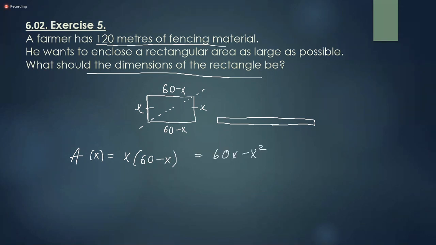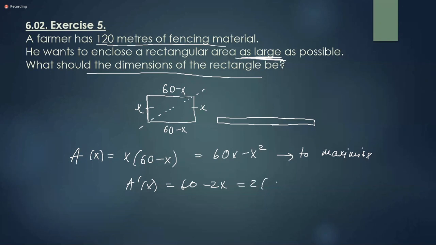Now we need to find where this area function has a maximum, because we want it to be as large as possible. So this needs to be maximized, to find the greatest possible area. All right, let's differentiate. That's 60 minus 2x, or 2 times (30 minus x).